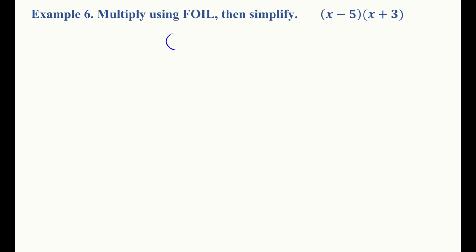So we have x minus 5 times x plus 3. So remember, we're going to use FOIL. So the first thing we'll do is take care of the F, which is first times first. So we write x squared. Then we do the outer, so that's going to be the x times the positive 3, so plus 3x.